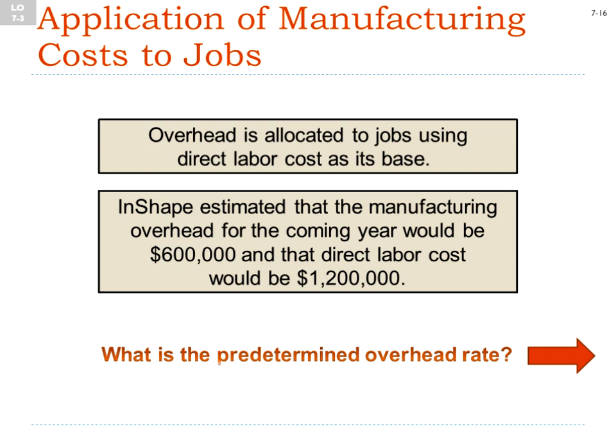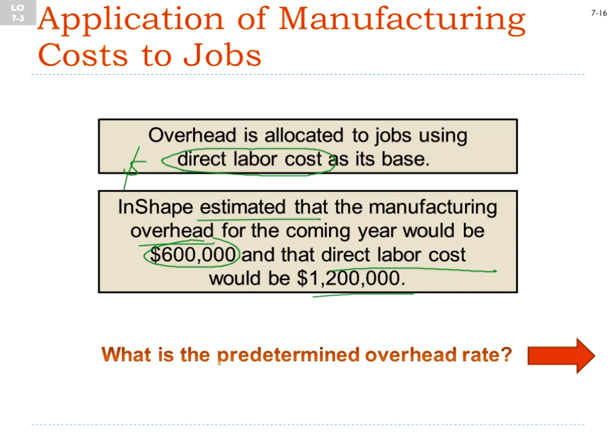All right. So in this case, they're going to use direct labor cost. So it's going to be a dollar amount, right? We're not using hours, we're using dollars. And they estimate that overhead is going to be $600,000 and direct labor cost is going to be $1.2 million.